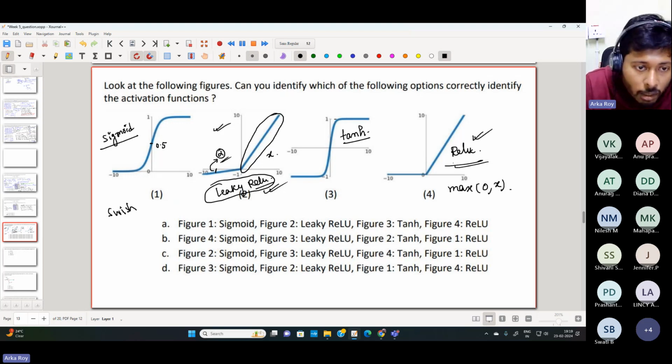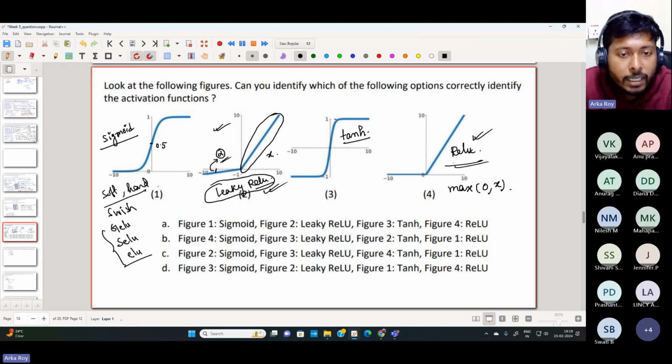Then you have GeLU, then SeLU, then ALU. So different versions of ReLU are available. Then Swish, and you have soft and hard Swish. There is a different variety of nonlinear activation functions available, and in each of them you will see a slight variation.